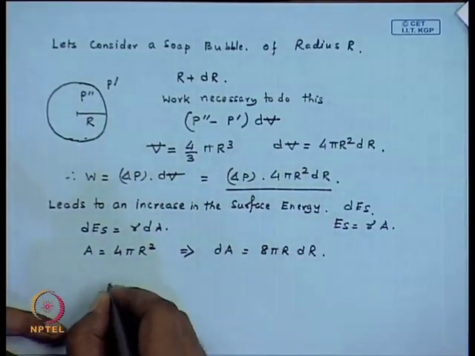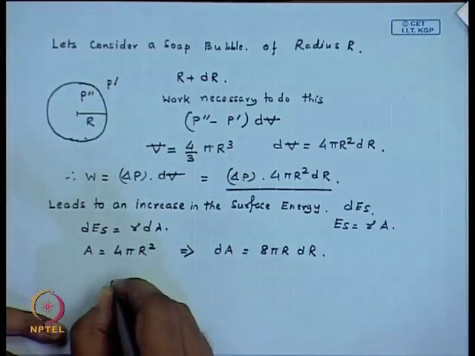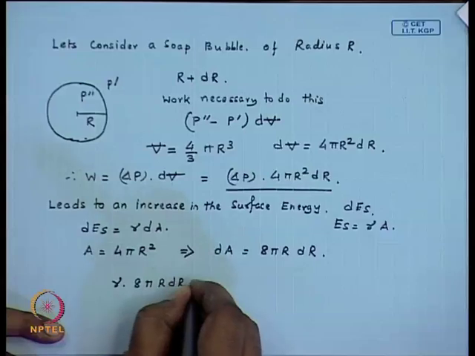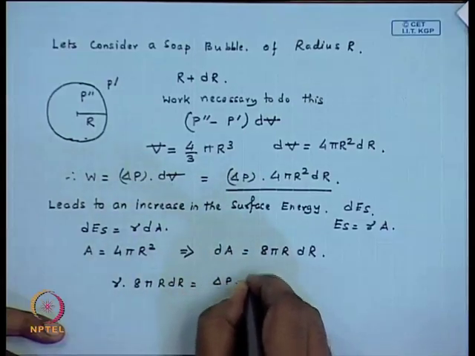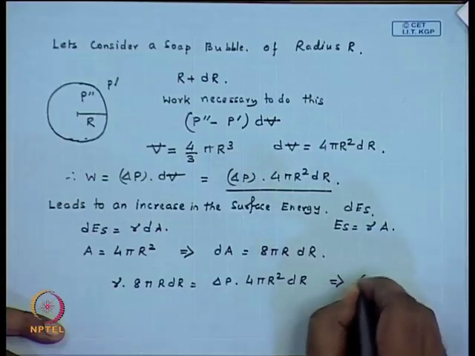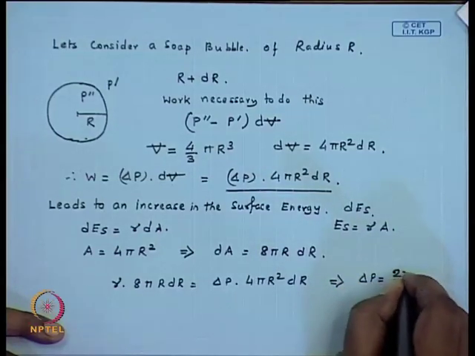So, if you consider the equality between the two components, what you get is gamma times 8 pi r dr equal to delta P into 4 pi r square dr, which gives you delta P equal to 2 gamma divided by r.